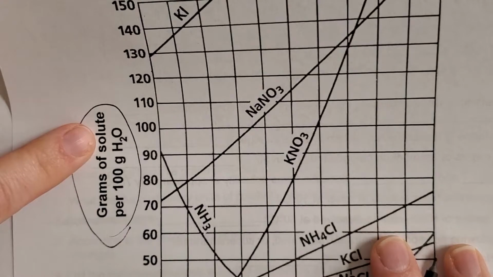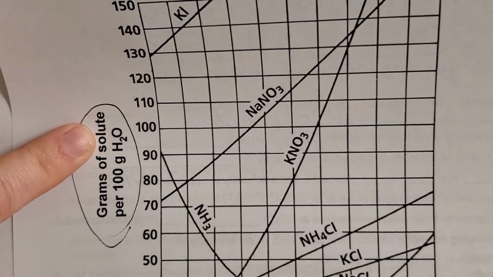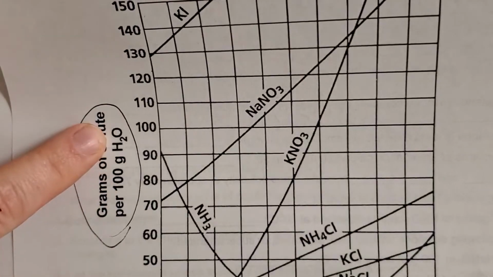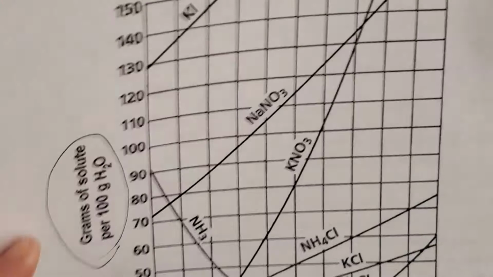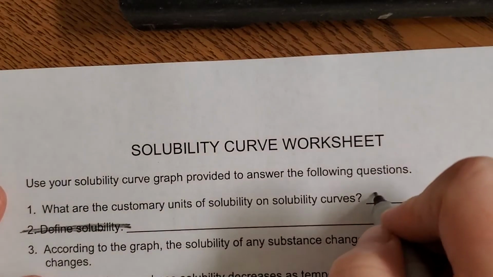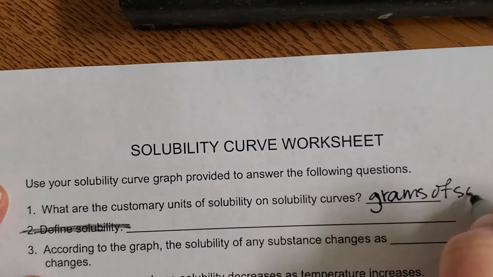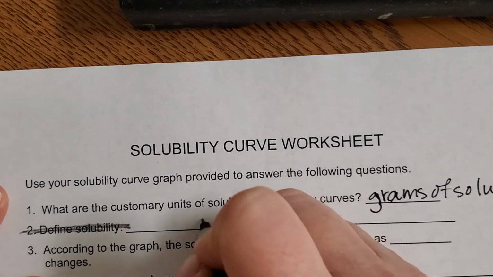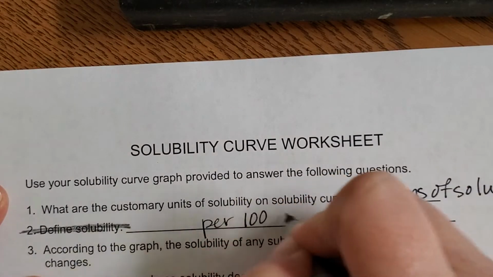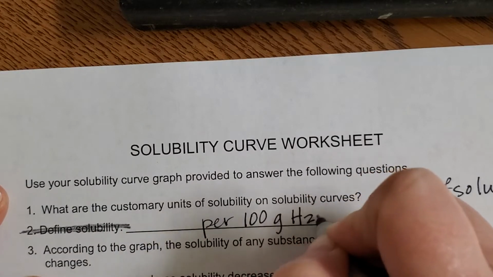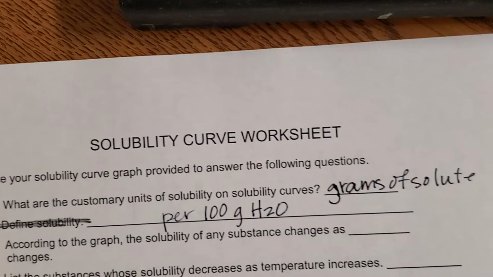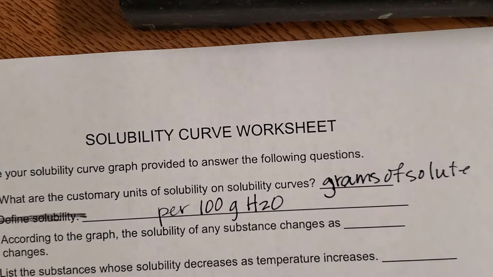So solute is the salt or the sugar or whatever is getting dissolved per 100 grams of water. So that's the standardized way that we measure solubility. So that's my unit: grams of solute per 100 grams or 100 milliliters of water. That's the same thing.